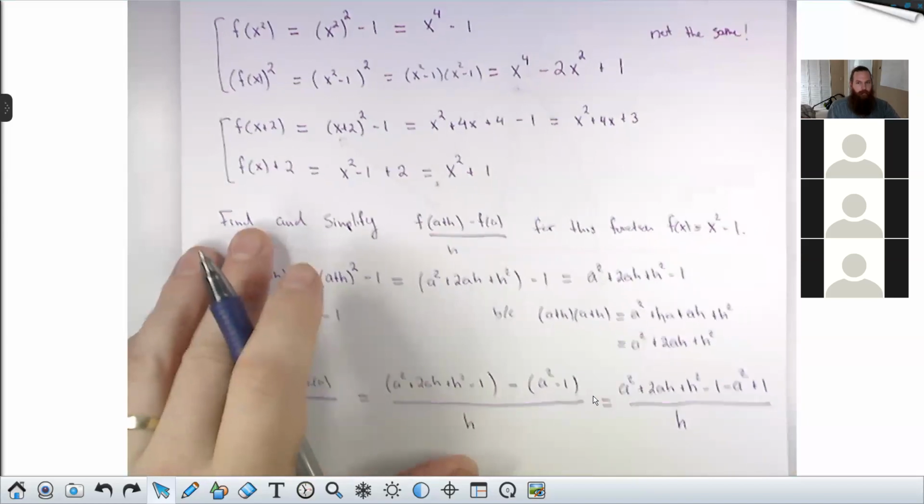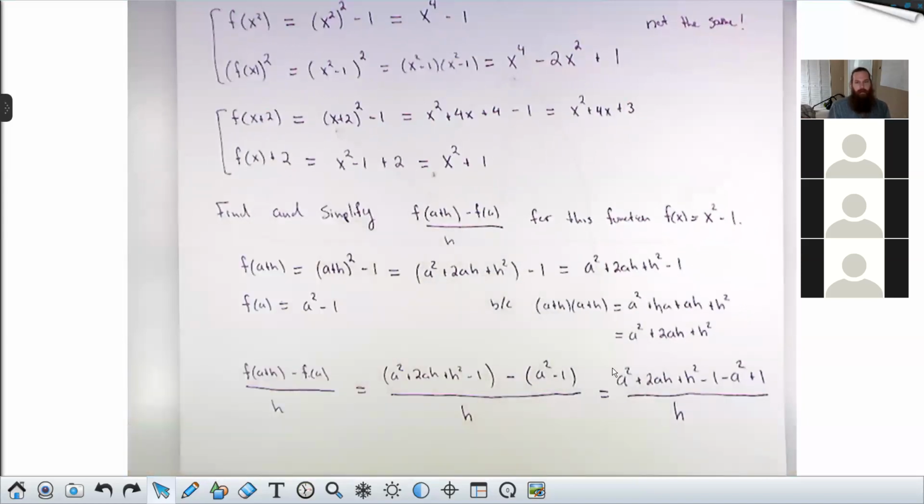And now I'll look for like terms, things that can be combined. I have a positive a squared here and a minus a squared here. So those will eat each other up. I've also got this minus 1 here and this plus 1 here. So those will eat each other up.